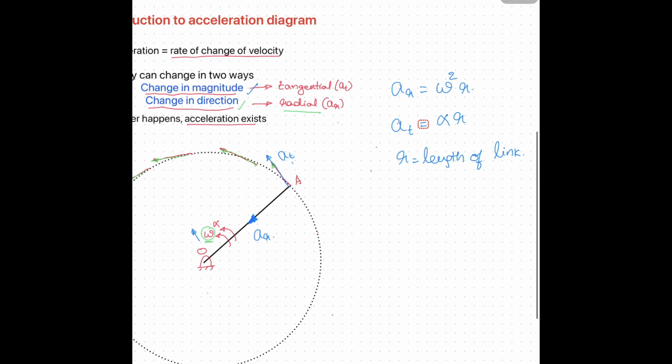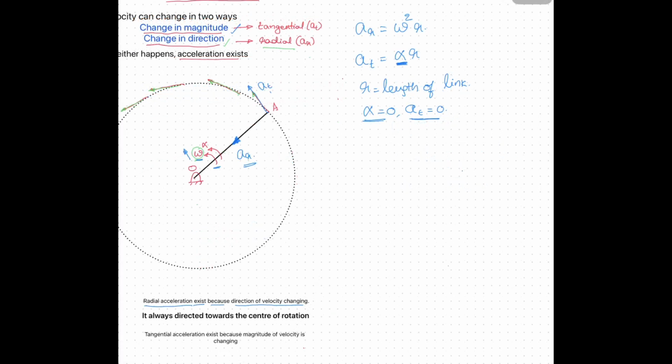Suppose the angular acceleration of the crank, which is a rotating element, alpha is equal to 0. Then the tangential component of acceleration becomes 0. The radial component of acceleration is omega square r.